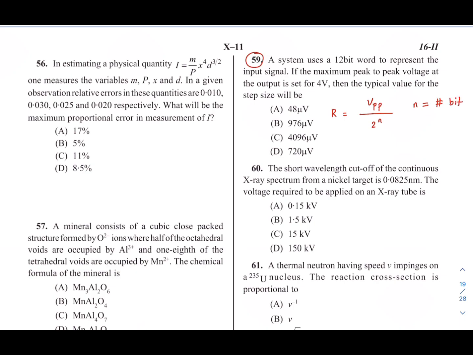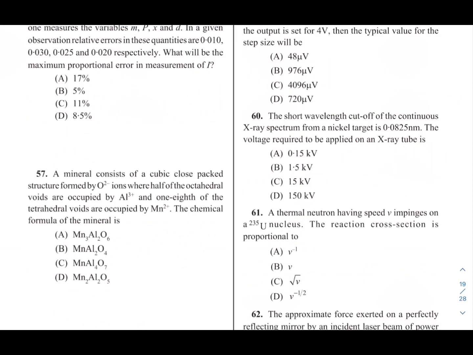In this case, we have V peak to peak is 4 volt divided by 2 to the power 12. So let us convert this into microvolt. This is equal to 4 into 10 to the power 6 divided by 2 to the power 12 microvolt. So if you calculate this quantity, this would be 976 microvolt. So option B is the correct answer.